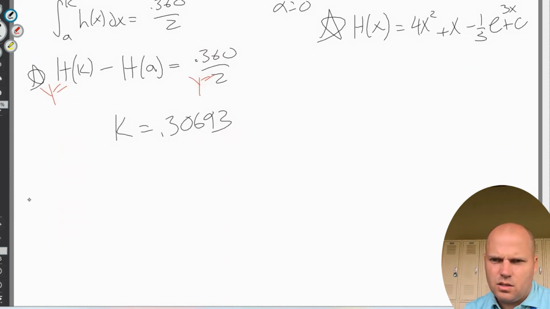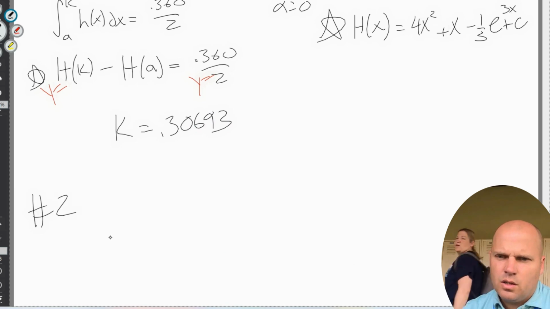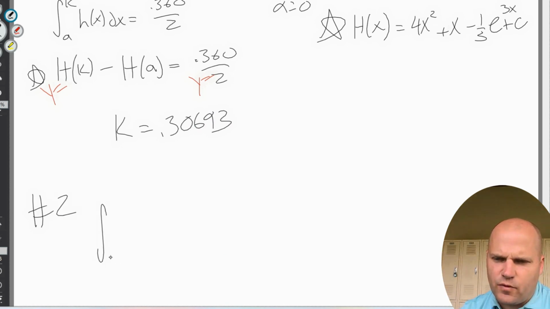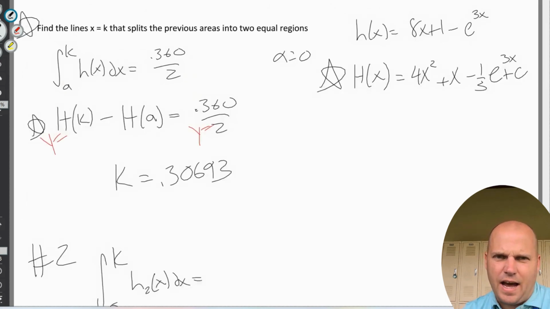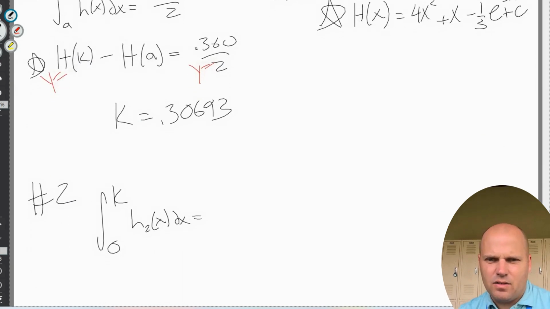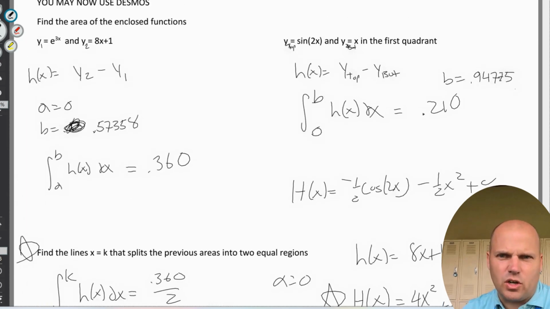Because the accumulation from 0 to k of this other h has to equal half of my first area. I guess we should call this like B2.